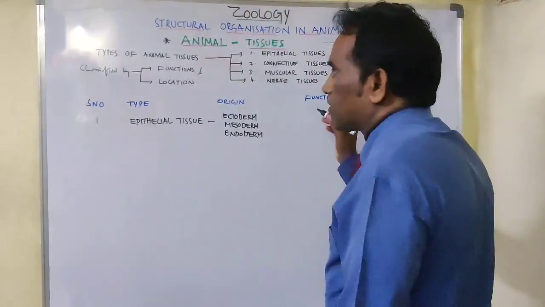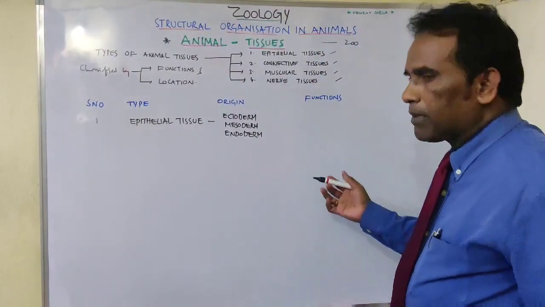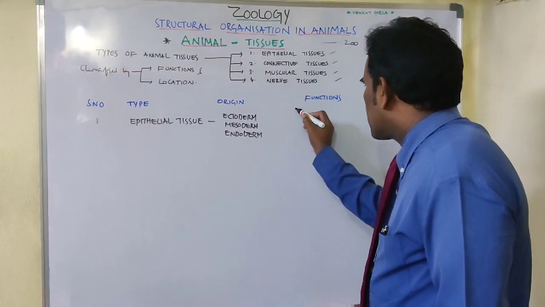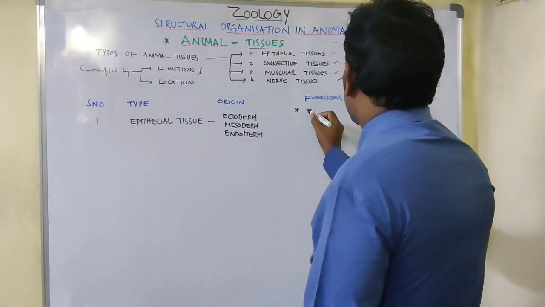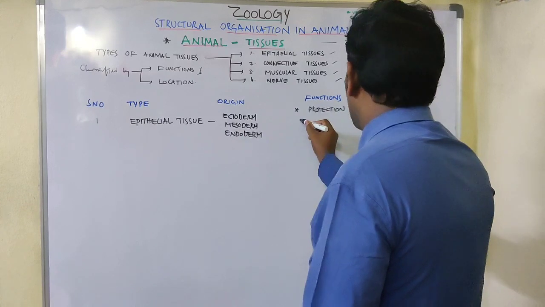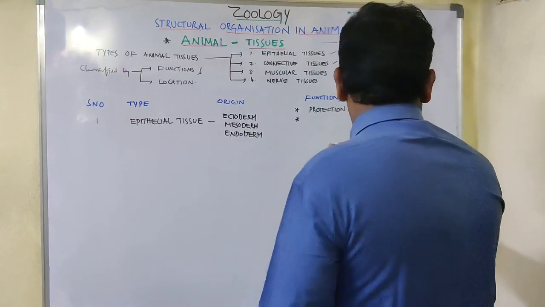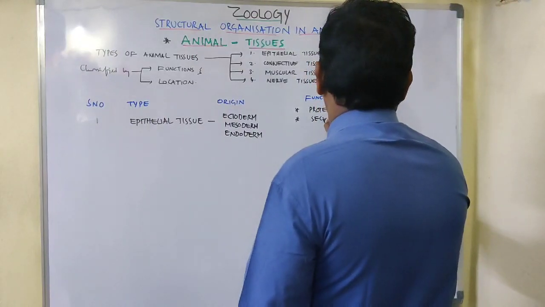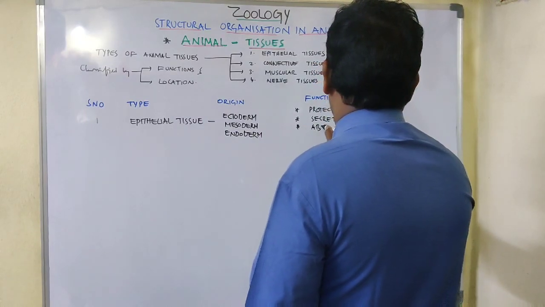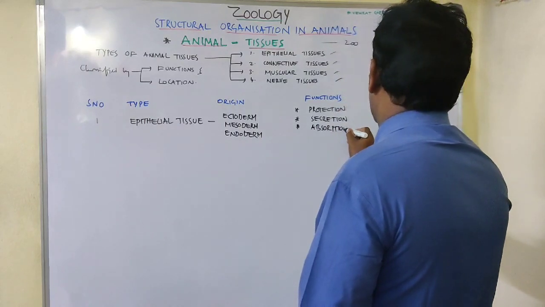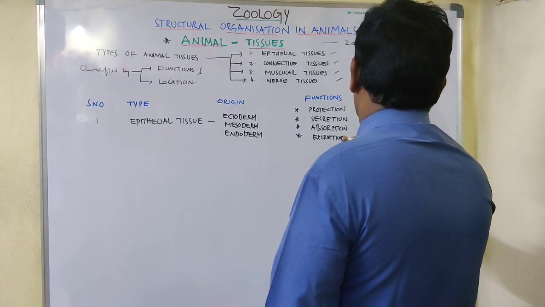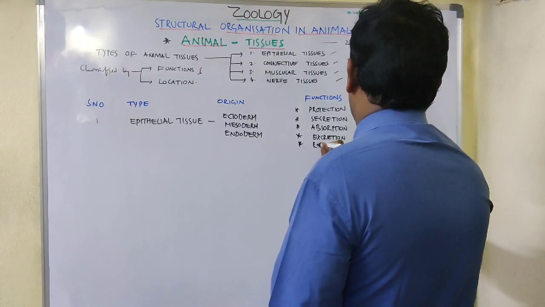Now the functions of epithelial tissue. It is present in all the vertebrates and also found in most of the invertebrates. The functions are mainly protection, storage, secretion, absorption, excretion, and even reproduction.